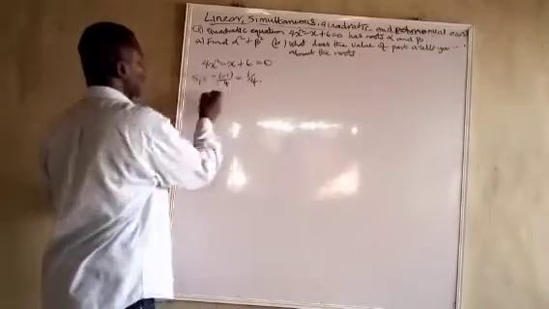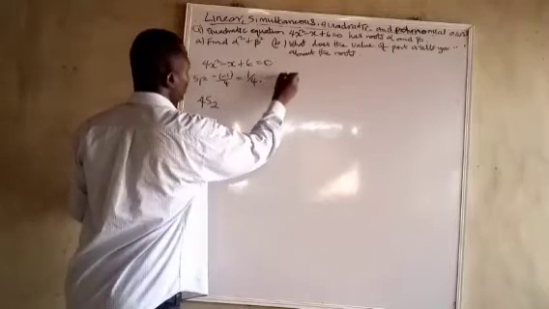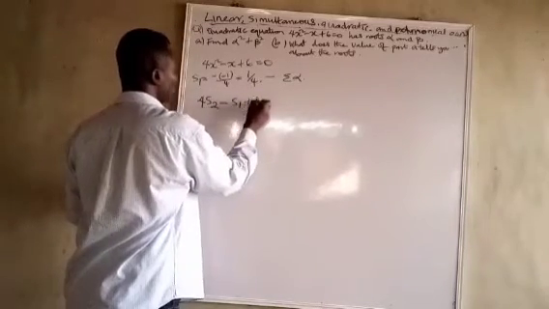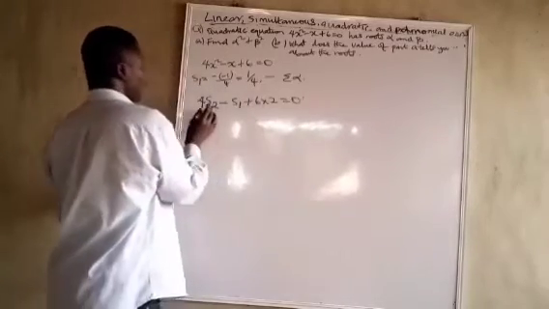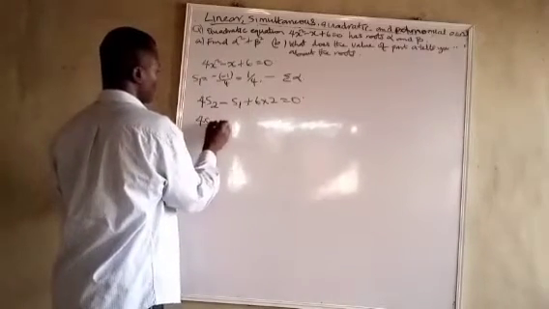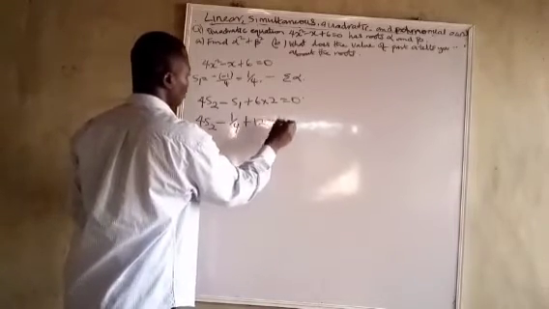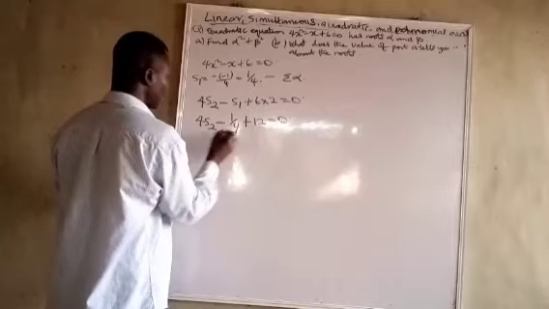So we can now say 4s2, this one is summation alpha, 4s2 minus s1 plus 6 times 2, sorry, equals 0. So we can now say 4s2 minus 1 over 4 plus 12 equals 0.